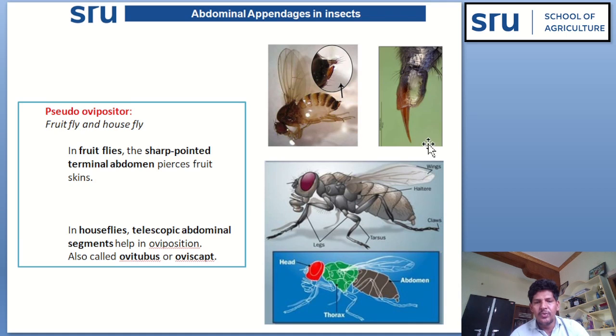In fruit flies, the sharp pointed terminal abdomen developed as the pseudo-ovipositor that pierces the fruit skin and lays eggs there. In houseflies, telescopic abdominal segments help in oviposition. They are also known as ovitubes or oviscapt.